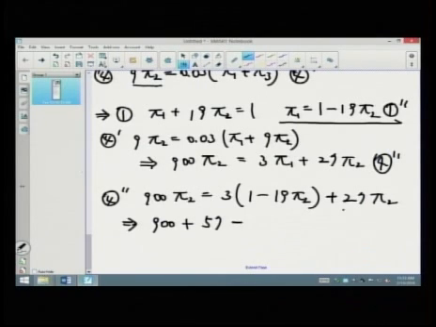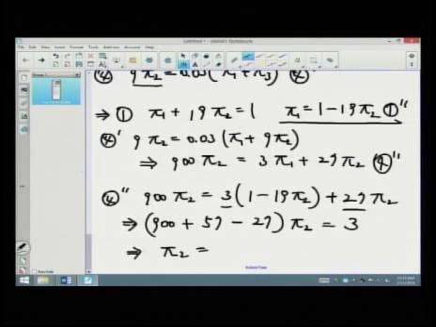And then minus 27, times pi 2 equals 3, right? Is that right? So here, pi 2 equals 3 over, what is this? 930, right?